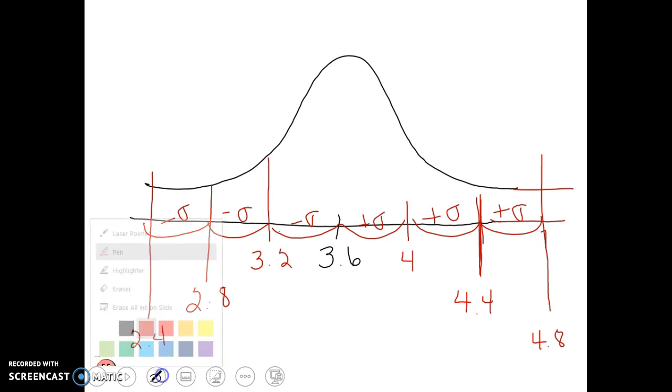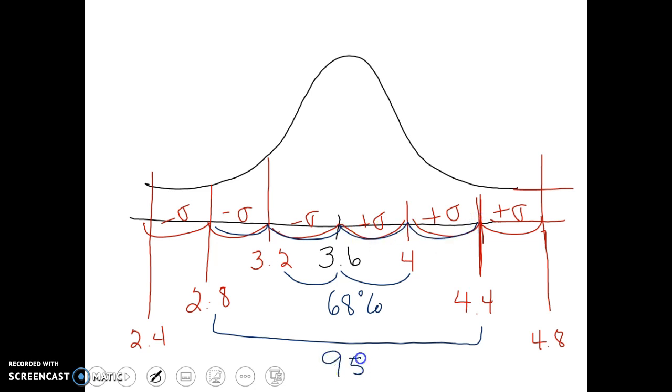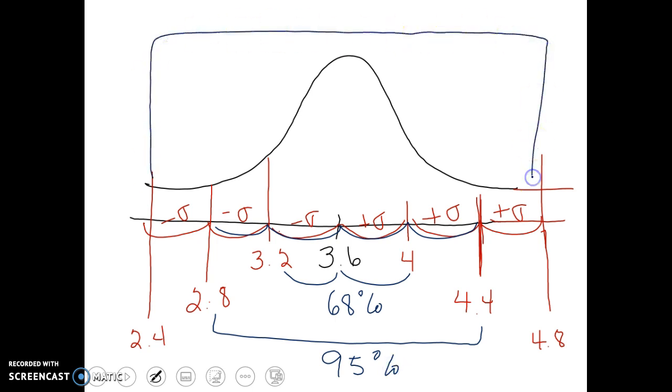So, using the empirical rule, one standard deviation each way would be 68% of the data. 2 standard deviations each way would be 95% of the data. 3 standard deviations each way would be 99.7% of the data.